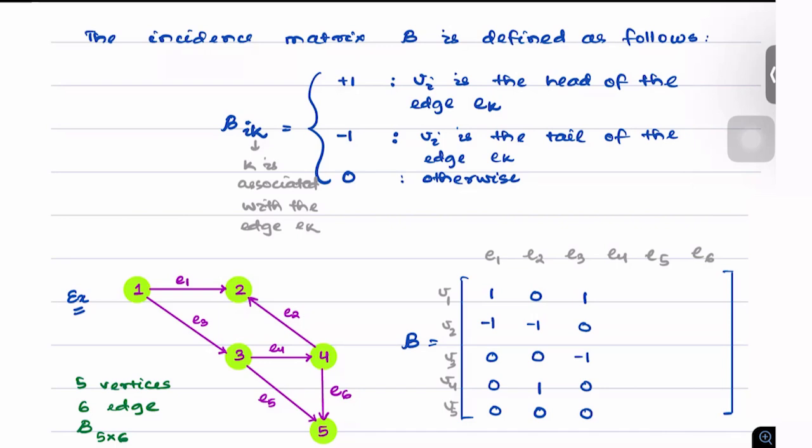Similarly, E4 starts at 3 and ends at 4. The rest of the entries are again equal to 0. E5 now starts at 3 and ends at 5. The rest of the entries are 0 again. And E6 starts at 4 and ends at 5.